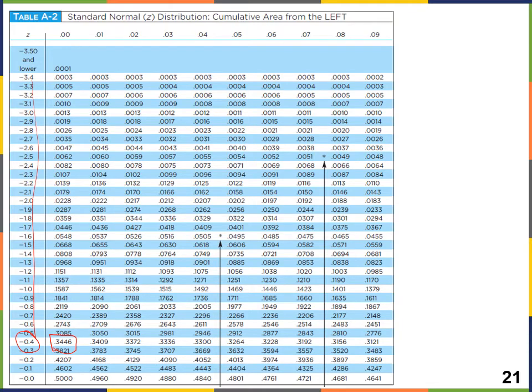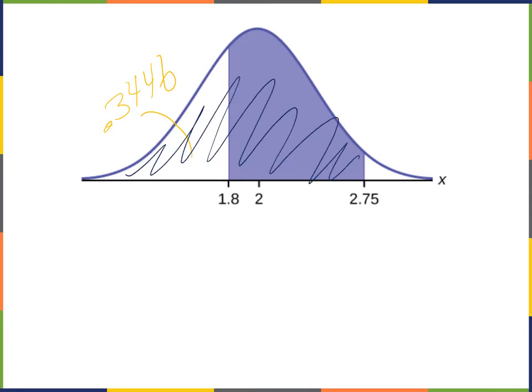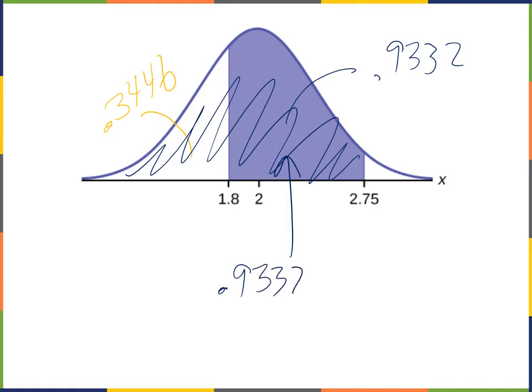Okay? So if we look at the areas, again, this area here, 0.3446, the area to the left of 2.5, that area is 0.9332, so the area in between would be 0.9332 minus 0.3446. Okay?